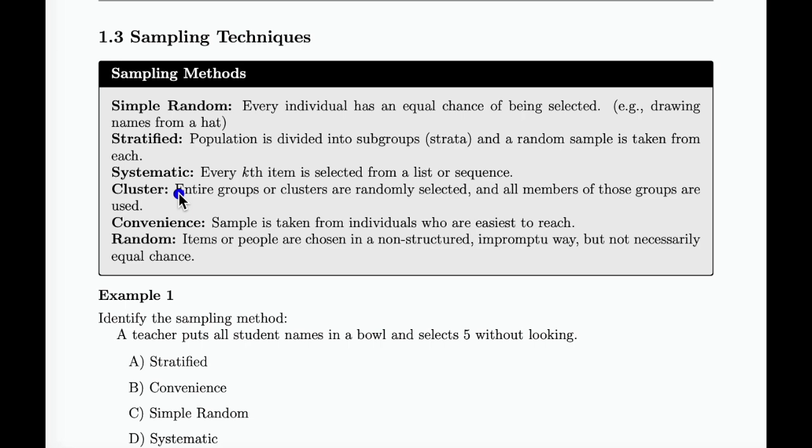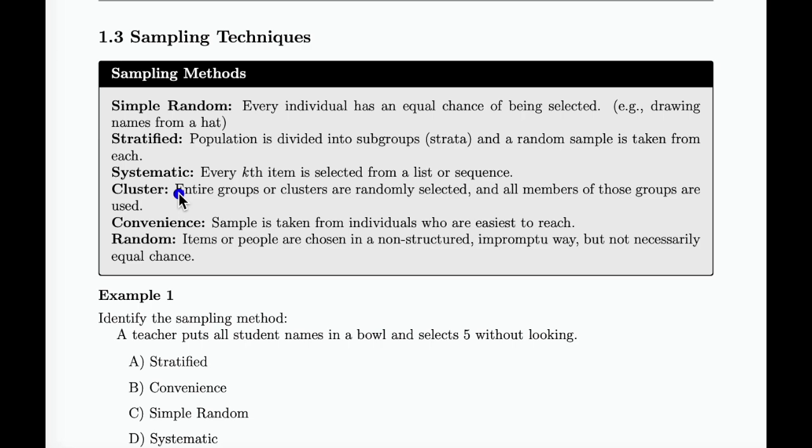So an example of cluster would be if I took all the students on campus and I split them up by year: freshman, sophomore, junior, senior. Okay, so freshman is a group, sophomore is a group, junior is a group, senior is a group. And then I randomly pick two entire groups. So cluster is you pick that whole entire group.